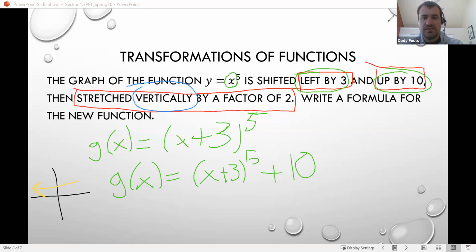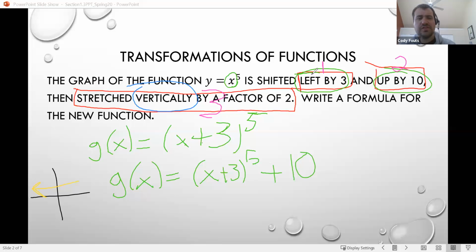And let me go ahead on my problem up here, mark what order I'm doing these in. So we did this one here first, this one here second, and now we're going to deal with the stretching vertically by a factor of 2 third. Okay, and so if we're stretching vertically, that means we're stretching up and down. So that's another outside transformation, which means it's going to impact the outputs. So this needs to be on the outside of the function.